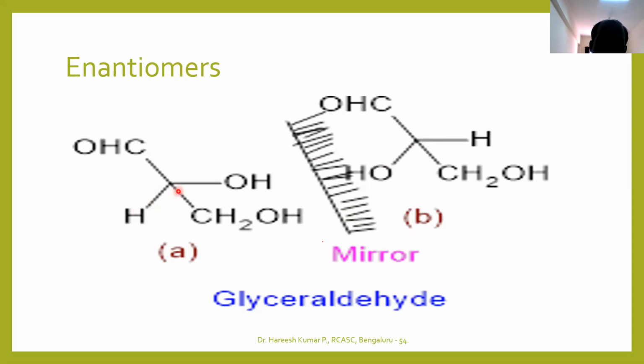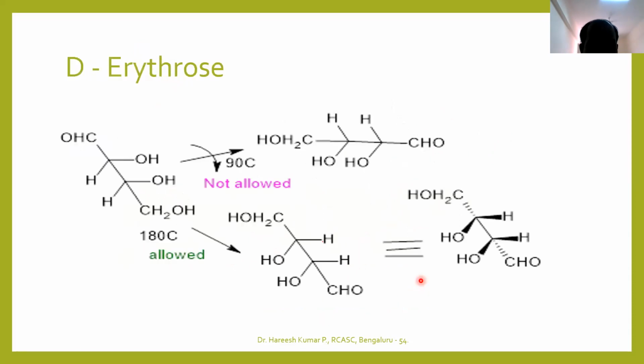It means they are non-superimposable. Non-superimposable mirror images of each other are said to be enantiomers. This is also an example of enantiomers of glyceraldehyde.